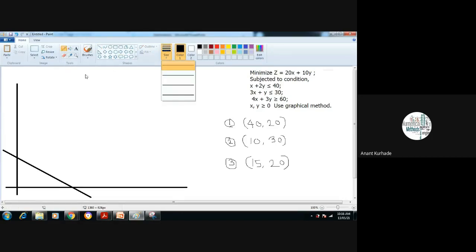Remember, exactly below. Then make the arrows, which are important, in the downward direction.